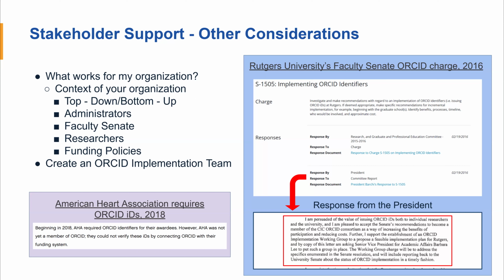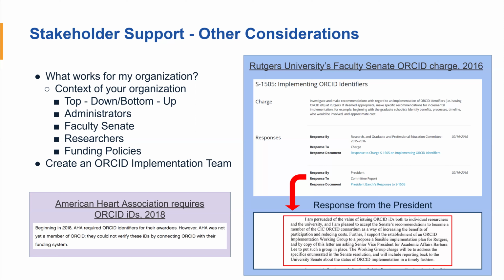And you can see at the bottom here that there's a response from the president of the university saying that the charge is important, that the president supports this particular investigation into ORCID, and that the organization should join and be an ORCID member. So that's more of a bottom-up approach.